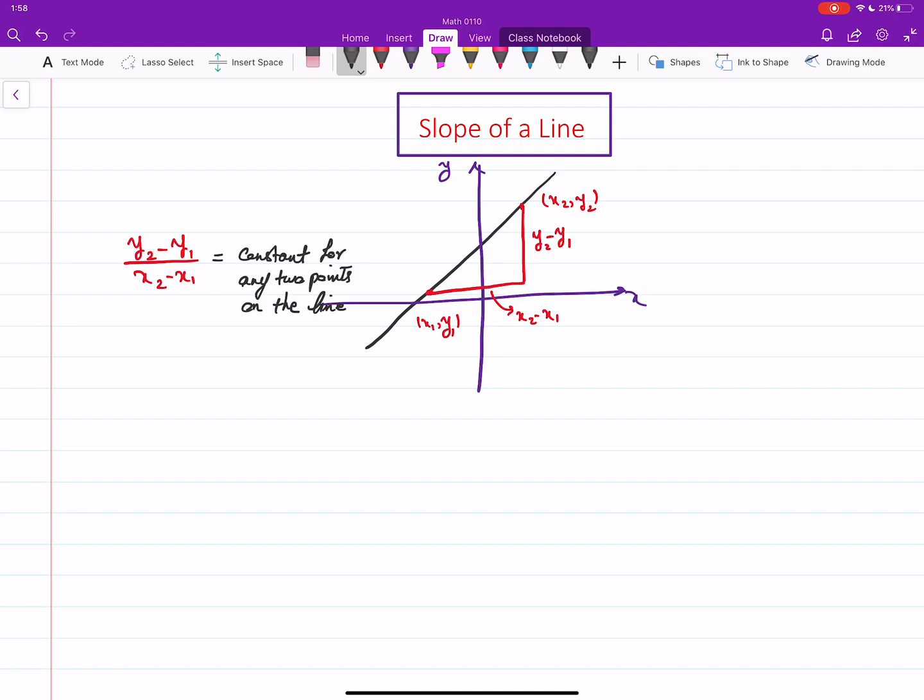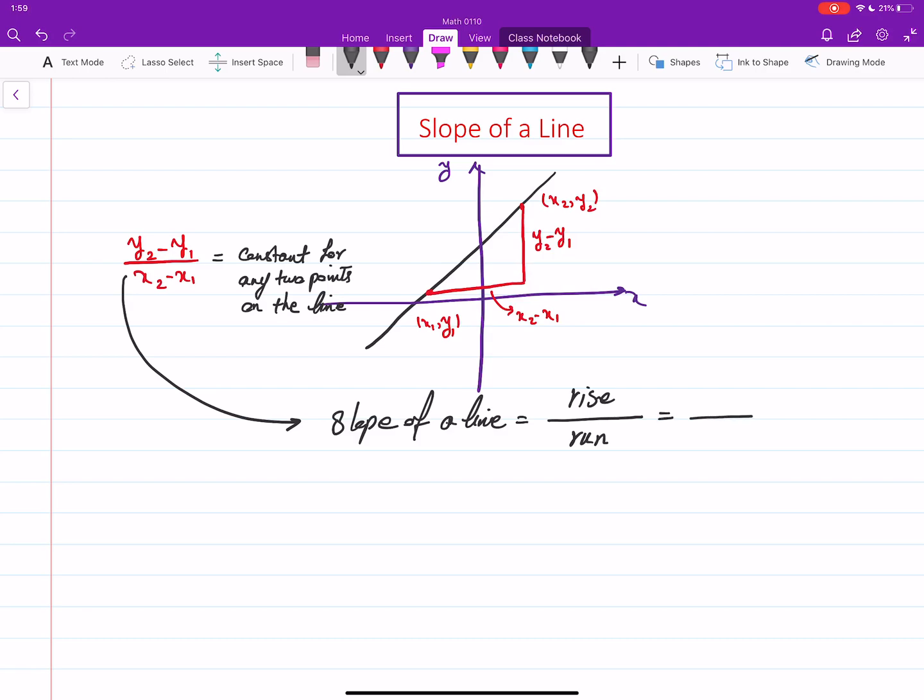When something is constant, it has a very deep meaning in the definition of that object. In this case, this is something we will call the slope. A slope of a line is basically what people call rise over run.